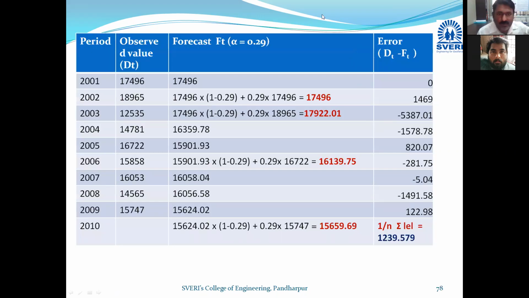Based on this, in the last lecture we solved these numericals also, and we calculated the error. Error is nothing but the difference between the observed value, or you can say the demand, and the forecast. Which method is better? Ultimately, friends, the method which has the lesser error is better. So lesser the error, better the method.